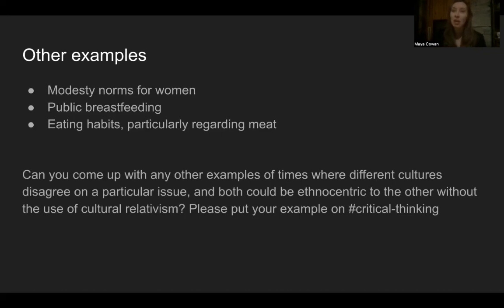Public breastfeeding is another one, and I chose that because it's quite obvious. I'm sure that whatever side you were raised on this issue, it's not hard to find people who are going to throw hands in public over a woman breastfeeding her child, or who are going to throw hands with that person because it's totally normal. So that's another one where there tend to be really big cultural clashes, and both sides of that issue, in the United States at least.